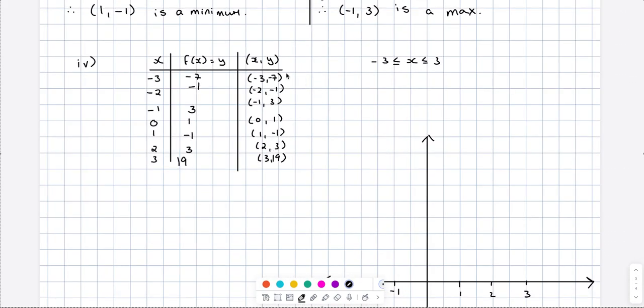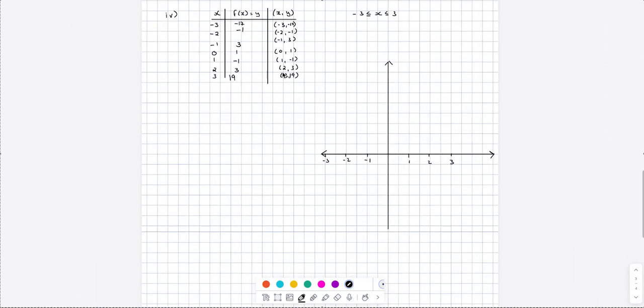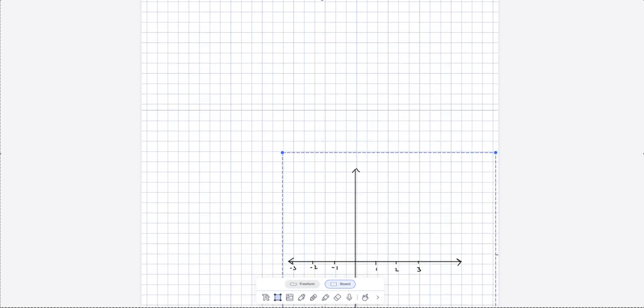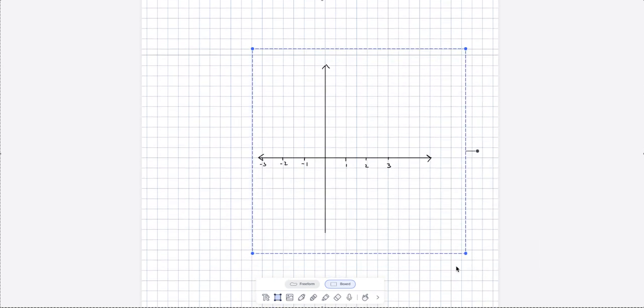Minus 17. Okay, so I want to go to minus 17 on the lowest, and the highest I want to go up to is 19. I would say for that, I would do every one box. Every one box is 1 on the y-axis.